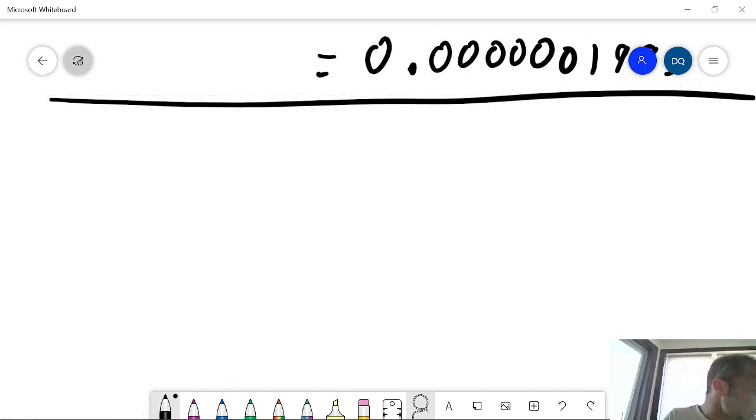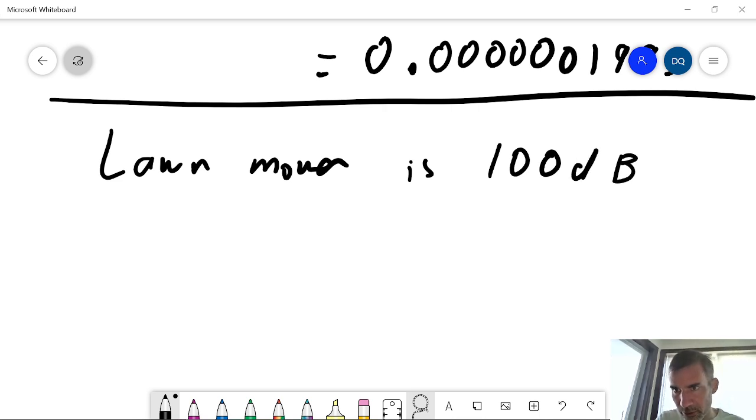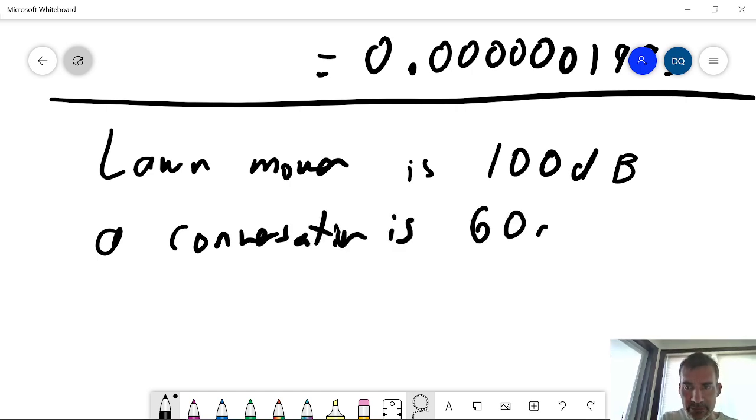Okay, let's look at an example of sound intensity. So if you have a lawnmower that is 100 decibels. This is a particular lawnmower. They could be different one to the other. A lawnmower is 100 decibels, and a conversation is 60 decibels.